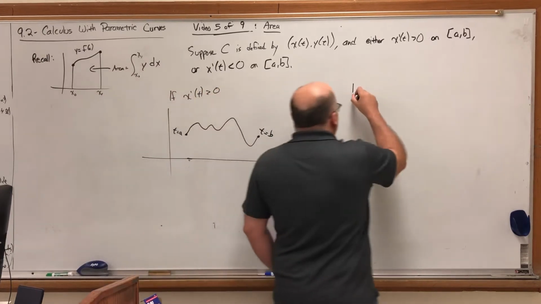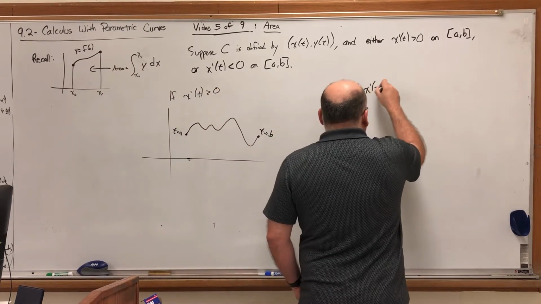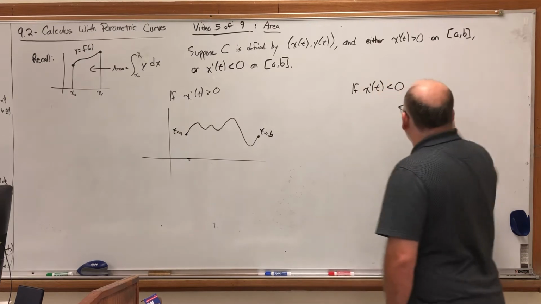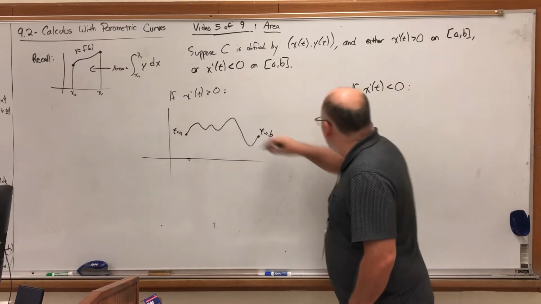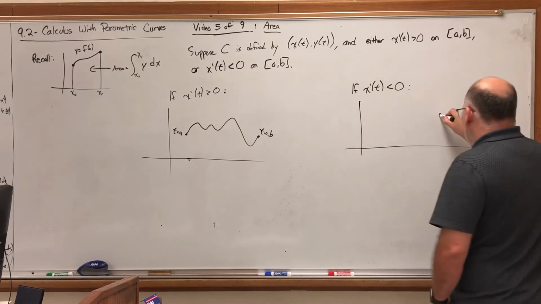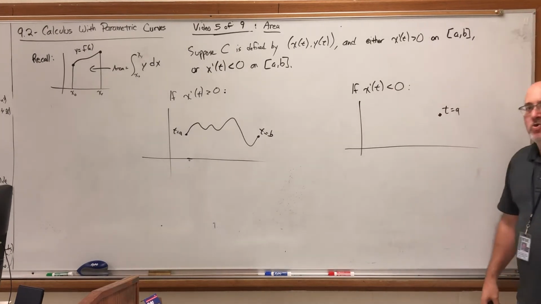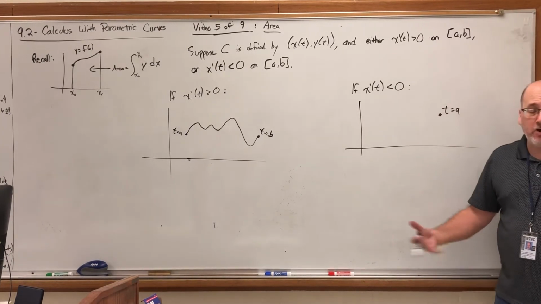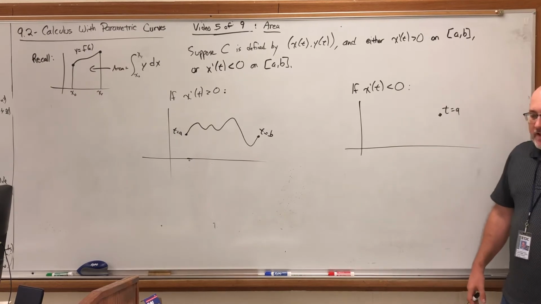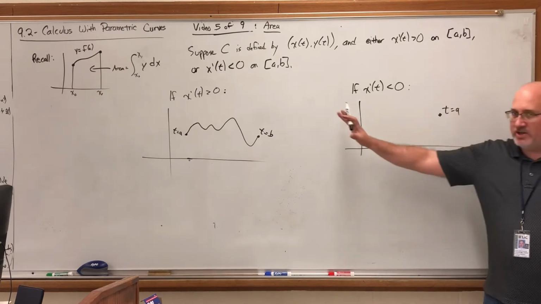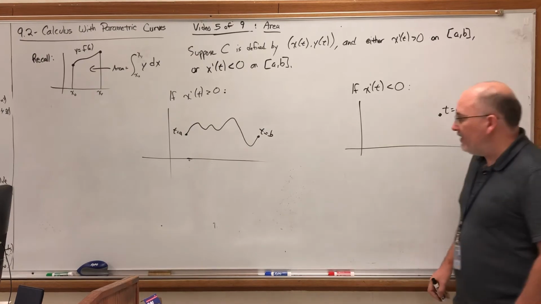However, if the x derivative were negative, then wherever the curve starts, we'll say over here somewhere at time t equals a, because the derivative of the x parametric equation is negative, then the x values would always be decreasing, and hence the graph would move from right to left.